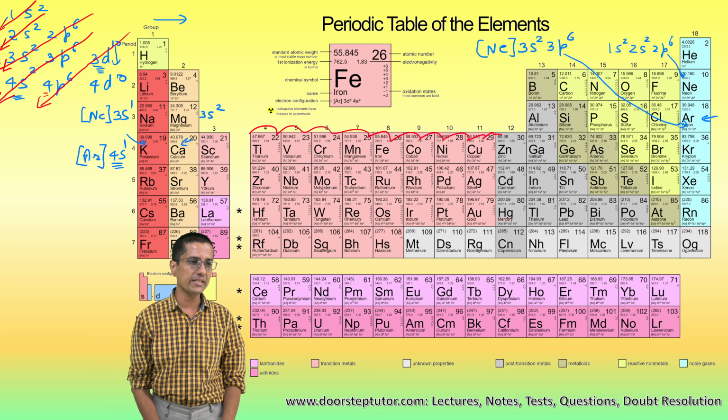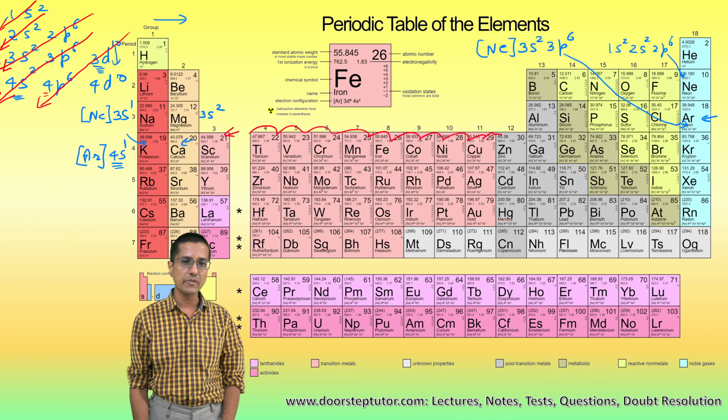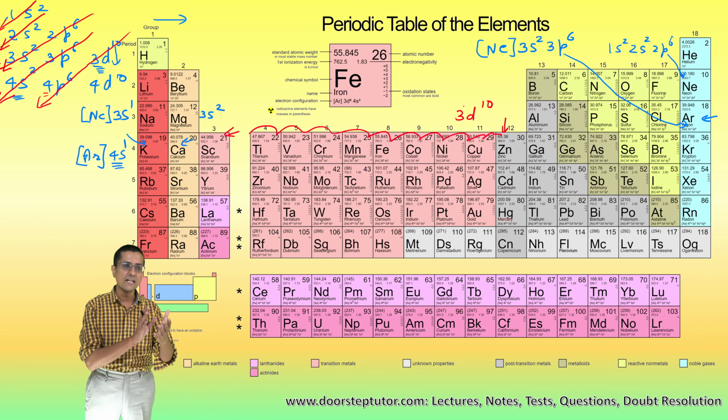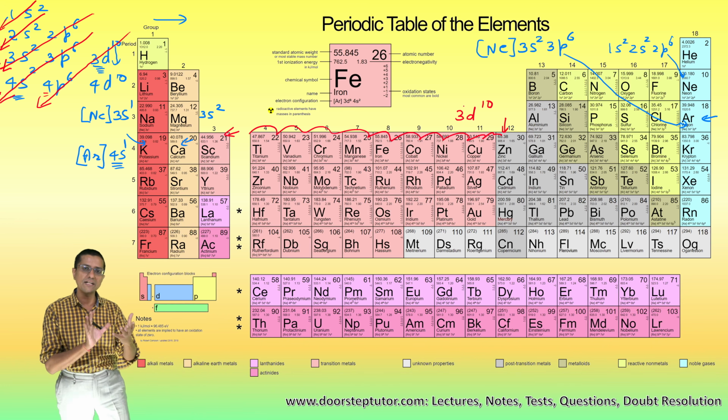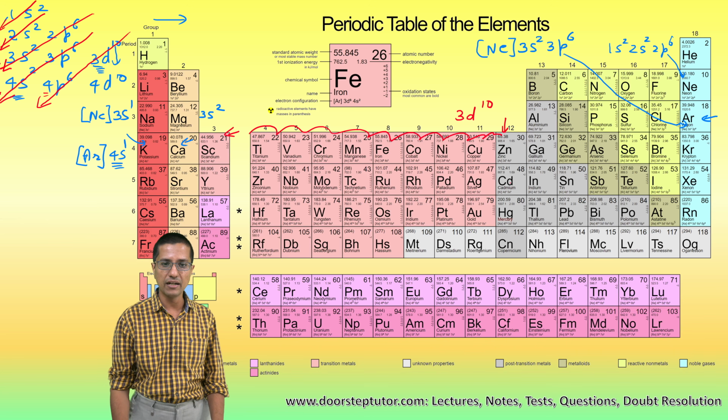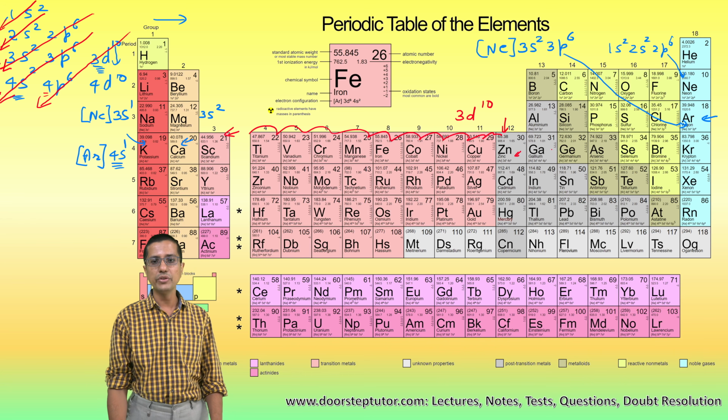From scandium to zinc, these 10 elements, we are filling the 3d10 orbitals. Once these 3d orbitals are completely filled in zinc, then we go to gallium.